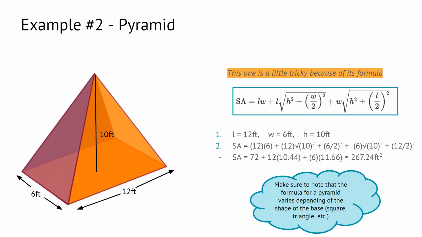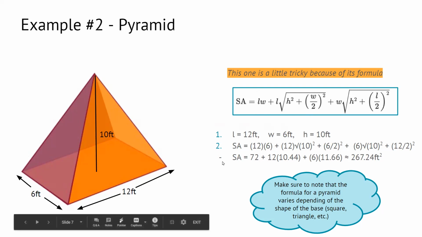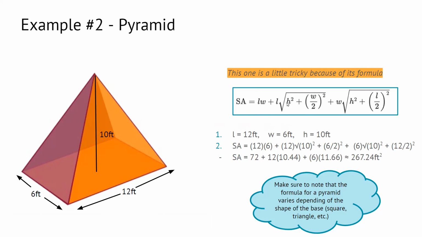So this one already has the work shown, but I'll lead you through it. Length times width of the base is 6 times 12, and then for length, plug in 12 here. For H, we can plug in 10 as height. Width is 6, so 6 divided by 2 here, which is 3.